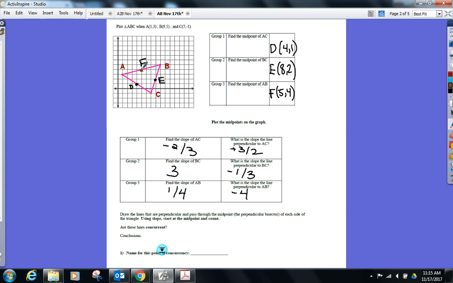There's a couple ways I could do it. Cameron? Down 4 and right or left 1? Down 4, 1, 2, 3, 4, to the right 1. Or you could go up 4 and to the left 1.